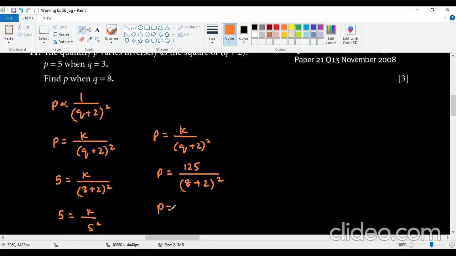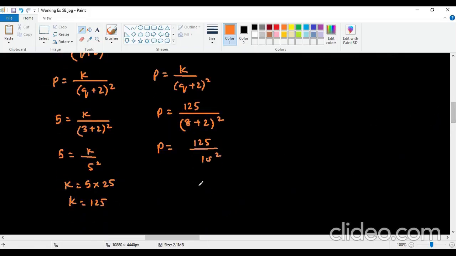So this is going to give us 125 over 10 square, which is actually 125 over 100, which is going to give us 1.25 as the final answer, which is the value of p.